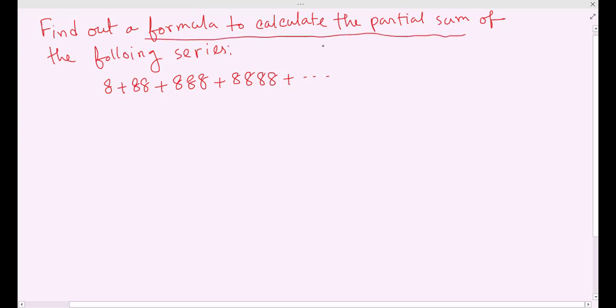Partial sum means the sum up to n terms of any infinite series. So this is an infinite series. We have to find the sum of the first n terms. So what will be the solution?